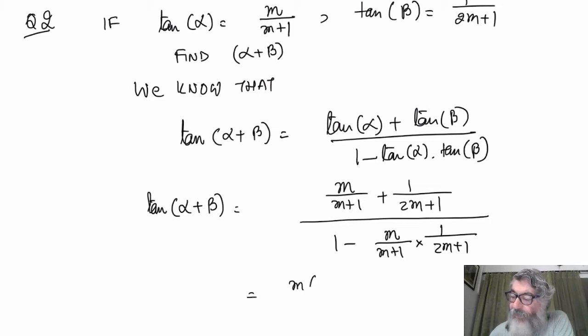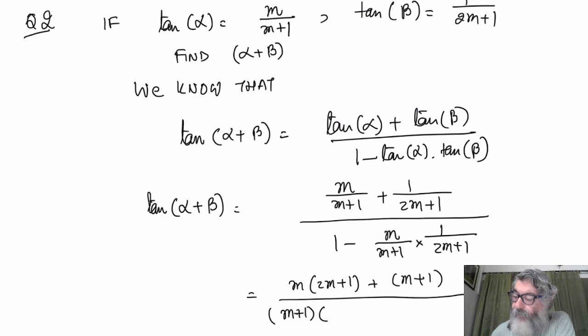In the numerator m into 2m plus 1 plus m plus 1, and in the denominator we will be left with m plus 1 into 2m plus 1 minus m. The LCM from the numerator and denominator will cancel each other. LCM was m plus 1 into 2m plus 1.